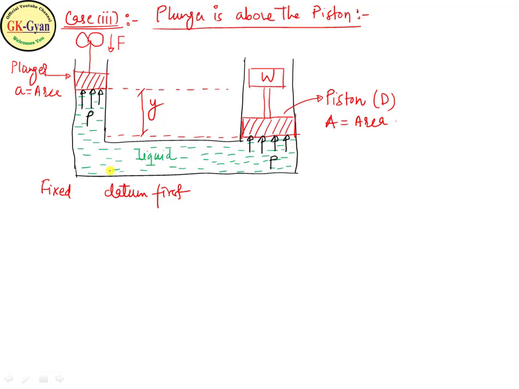This is the reference datum. Here is point O1 and here is point O2. At the same level, at the same datum, the pressure PO1 equals PO2. We have learned the concept: at the same level, the pressure will be constant.